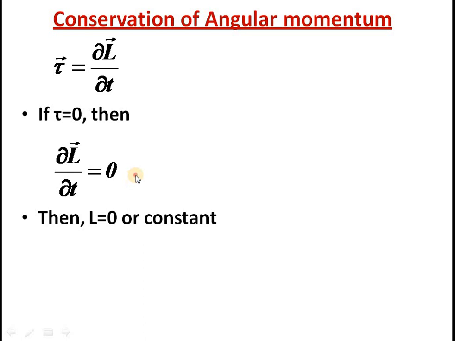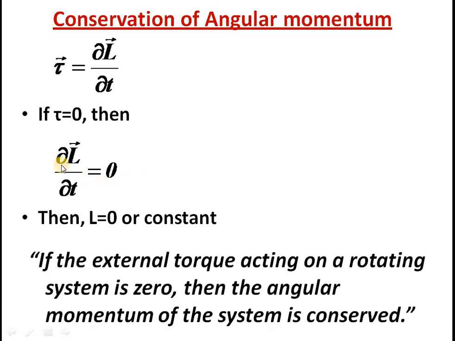So what does it mean? In other words, if the external torque acting on a rotating system is 0, then the angular momentum of the system is conserved. That is the final result. If no external torque is acting on a body, then its angular momentum remains constant or conserved.